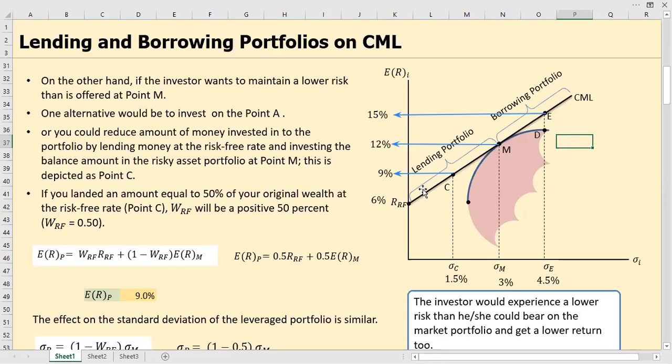And you are going to borrow another 50 rupees at 6%. And again, you are going to invest that at the 12% rate in the market portfolio. So altogether, you are going to invest 150 rupees at 12%, and you are going to borrow 50 rupees at 6%, so that you can achieve a level of return of 15%. So that is the main idea here, right?